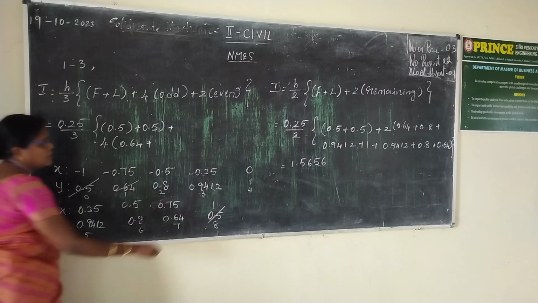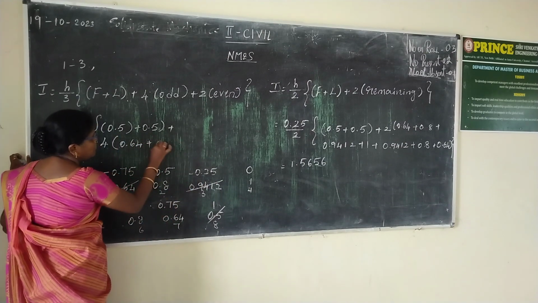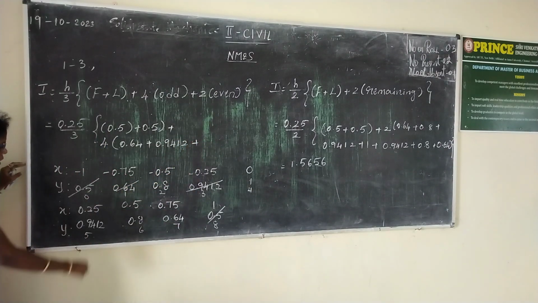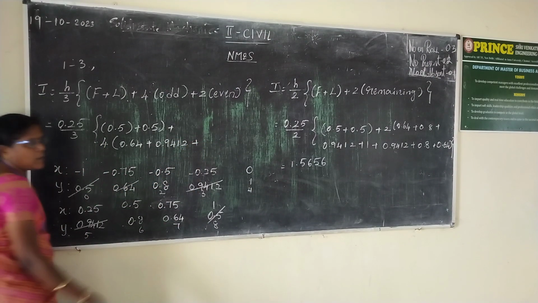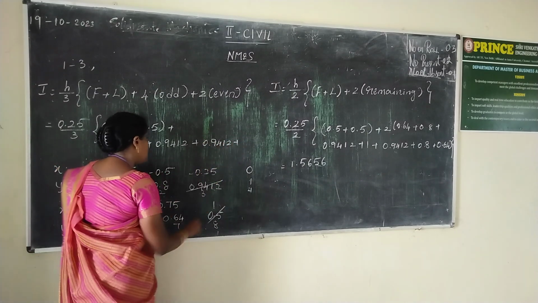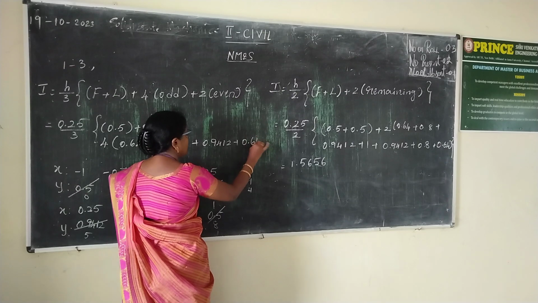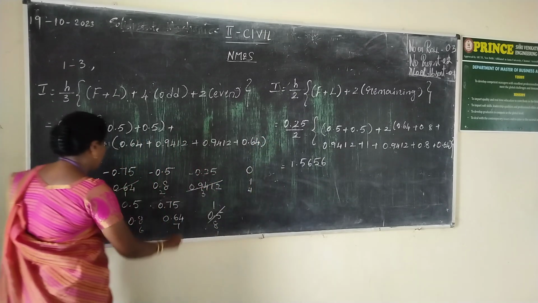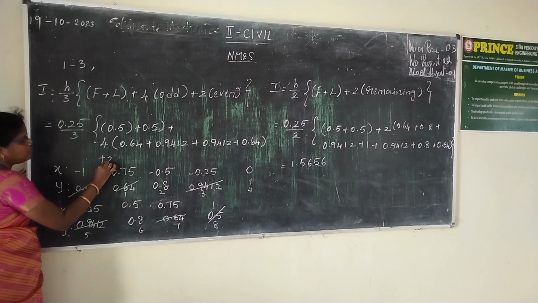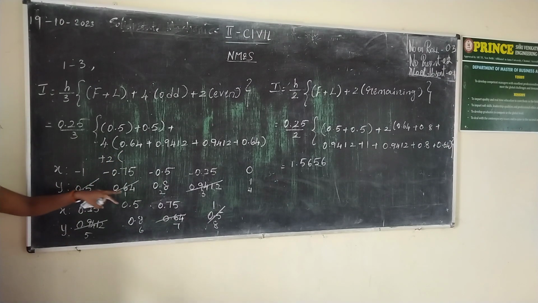Next one 0.9412 plus next one again 0.9412 plus 0.64, the odd outputs, plus 2 into the even. Even means 2, 4, 6, 8 those values.